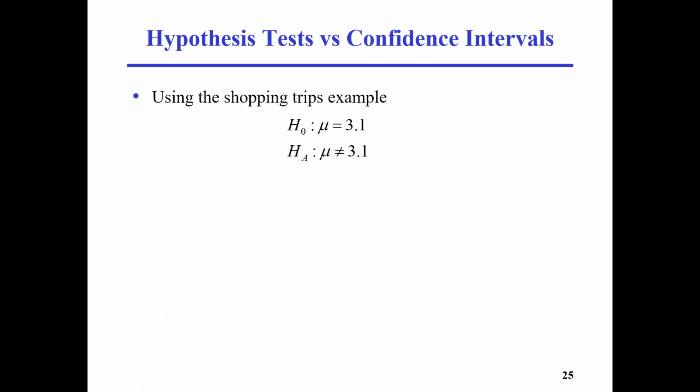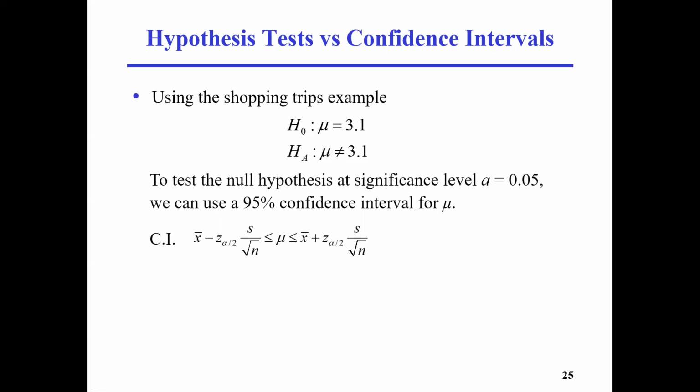Let's use the shopping trips example to connect them. Here let's carry out a two-sided test. The null hypothesis is still mu equals 3.1, and the alternative hypothesis is that mu is not equal to 3.1.